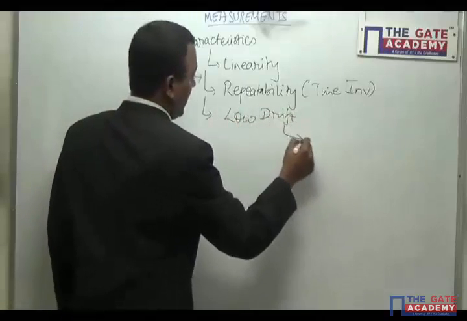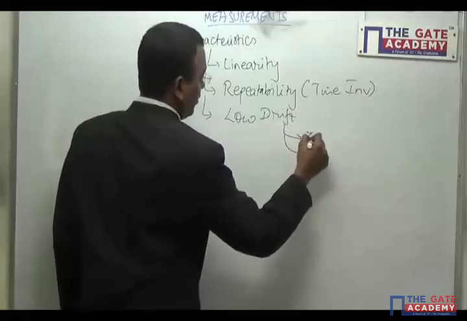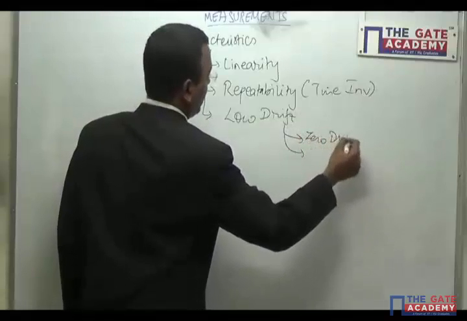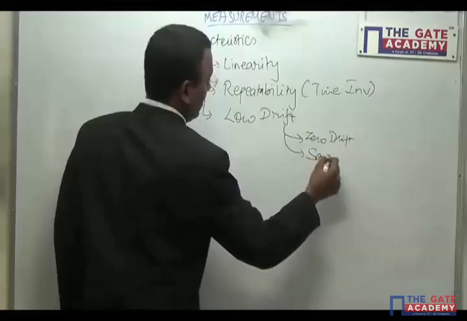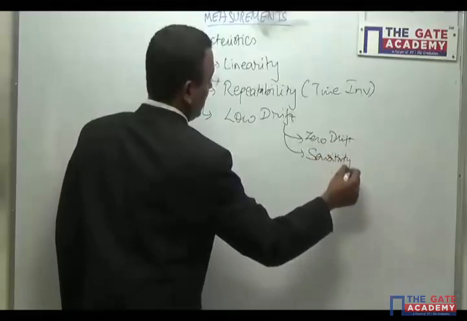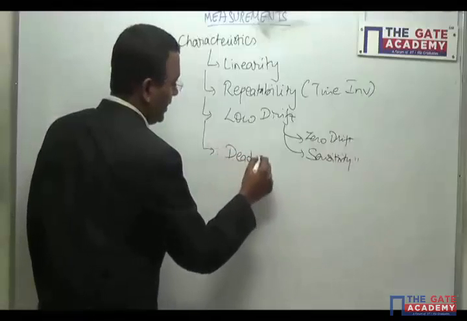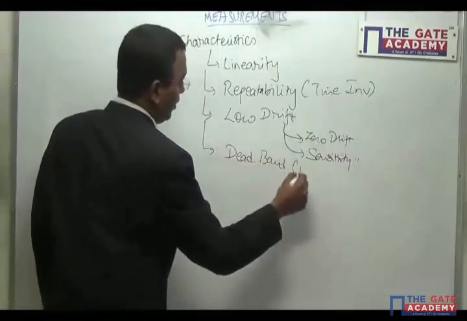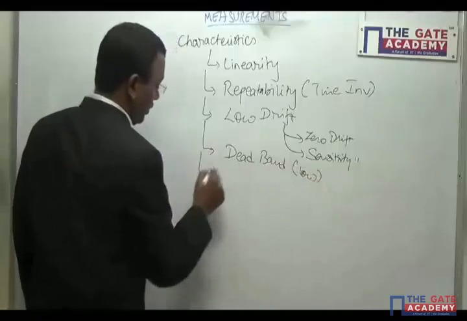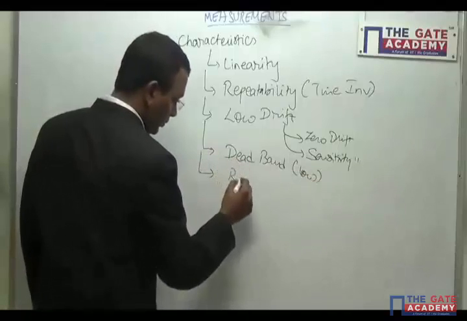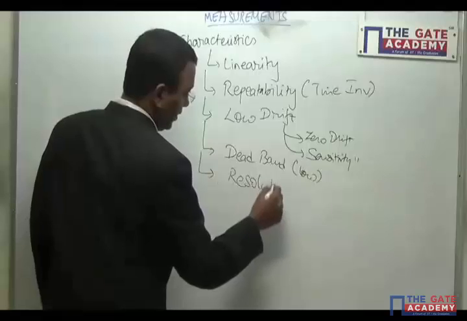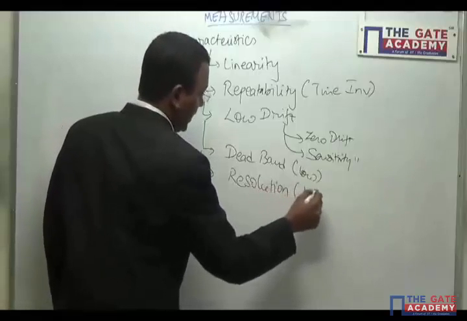In drift also we asked for, we discussed zero drift and sensitivity drift. Then we saw what you mean by dead band, it should be low. Then we saw about resolution, this should be high.